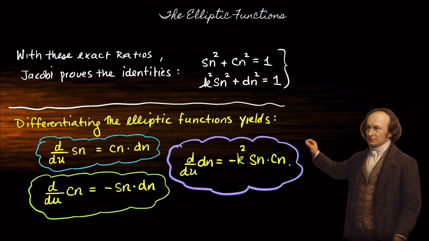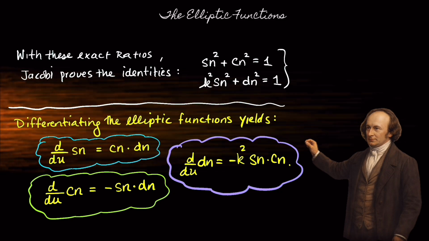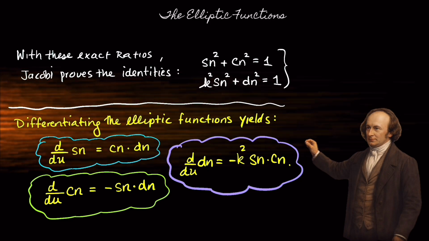With these exact ratios, Jacobi proves the following identities that Abel outlined, and differentiating the elliptic functions yields the following derivative definitions for our elliptic functions.